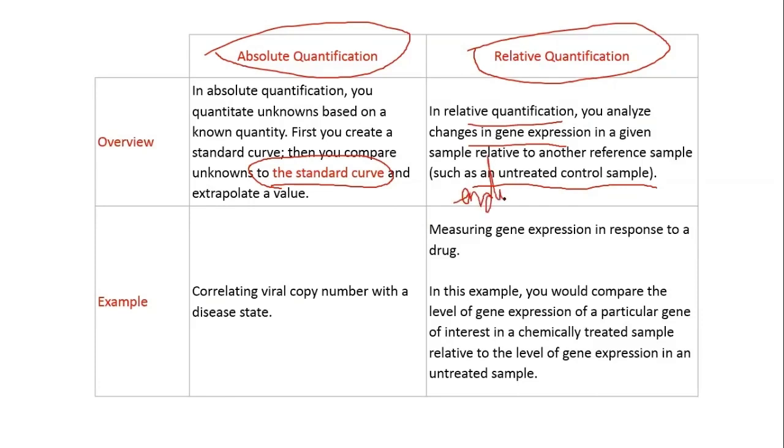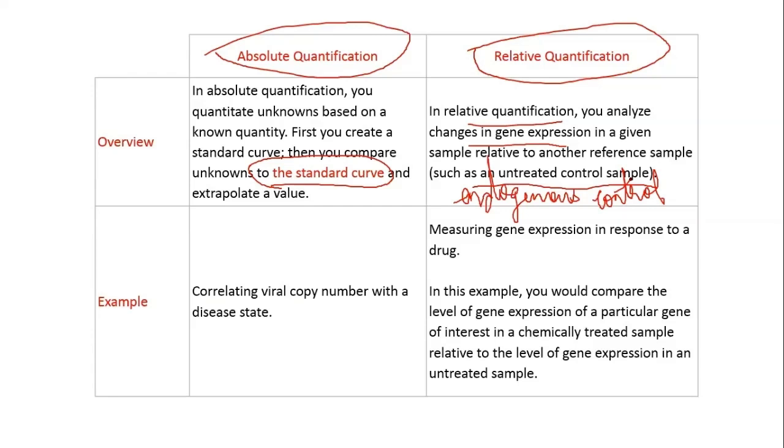In endogenous control sample, that means, as I told you in semi-quantitative PCR, you're using a gene whose expression, the mRNA being transcribed from the particular gene, has the same level of expression in all the tissues, at all given points, in all given environmental factors.